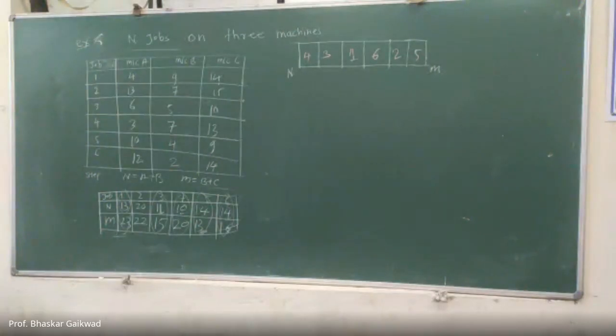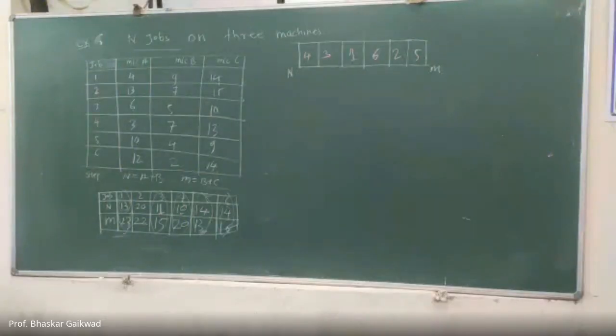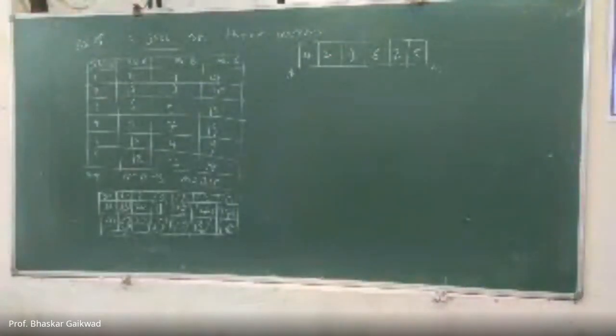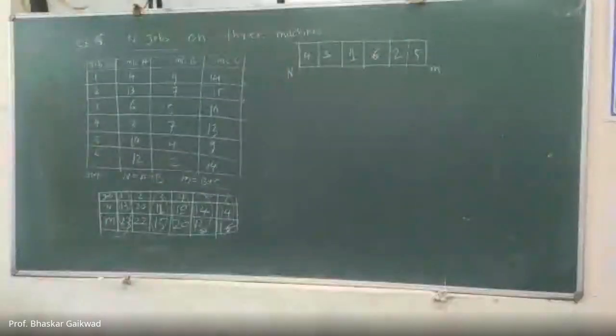So, can you solve the remaining part? Is it possible to solve the remaining part? Yes, sir. Okay, you can solve this and give me the idle times and total elapsed time for all these machines.